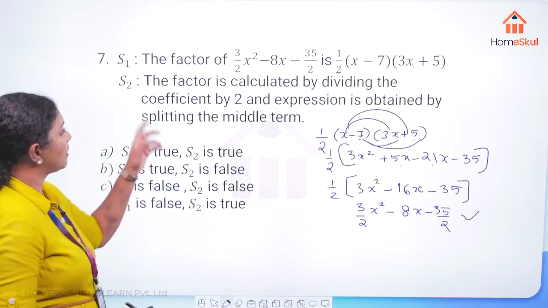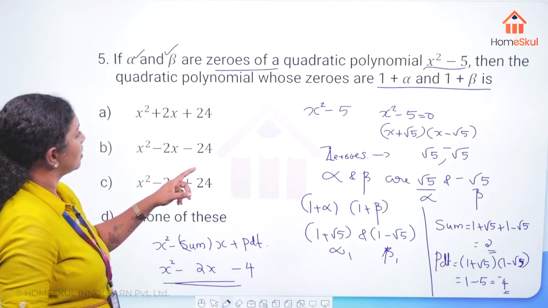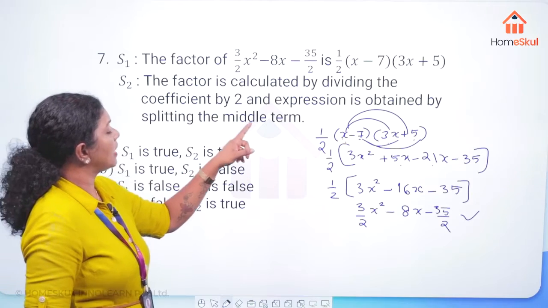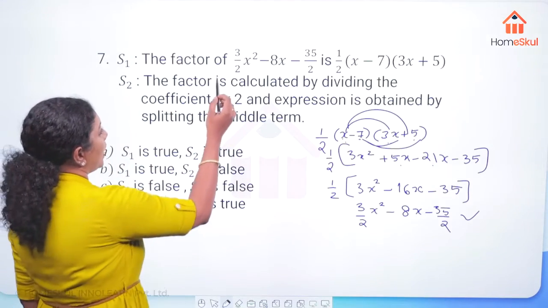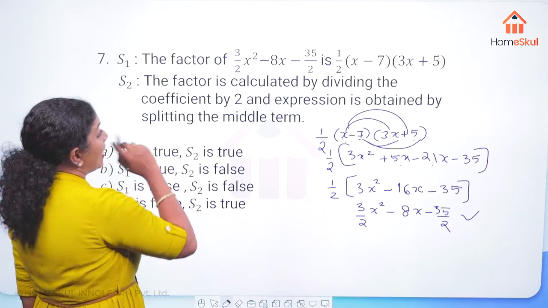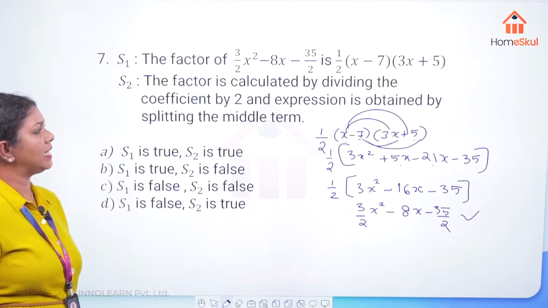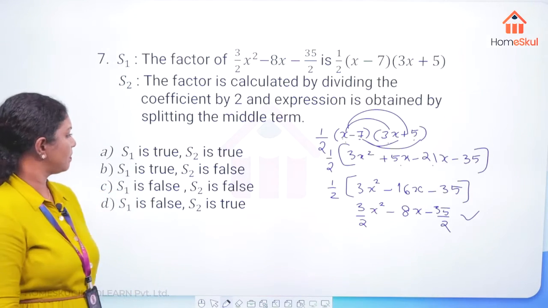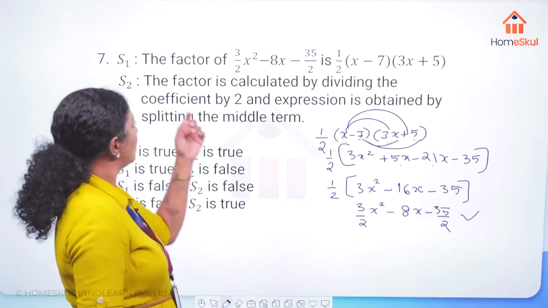Now they are saying that the factor is calculated by dividing the coefficient by 2, and the expression is obtained by splitting the middle term. How do we find it? What did they say?